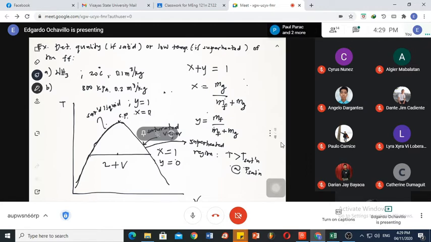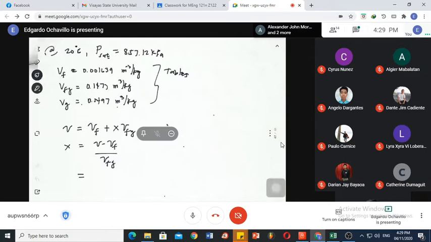So at T equal to 20 degrees Celsius, we have that given. The V is also given, this is 0.1 meter cube per kilogram.